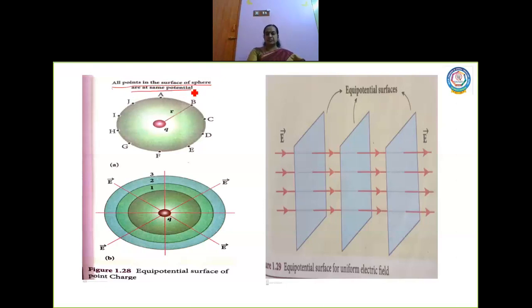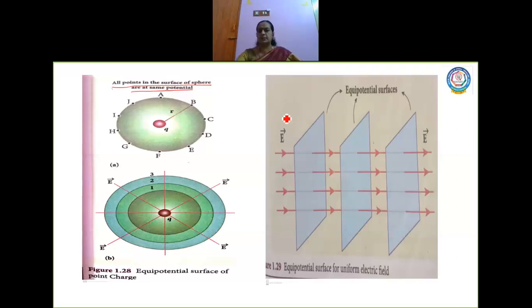Now look at this sphere. Here is a sphere with a charge q at the center and radius r. I have taken many points on the sphere, starting from A to J. When I look at the potential at each point on the sphere, all the potentials will have the same value. You know the formula for potential due to a point charge.